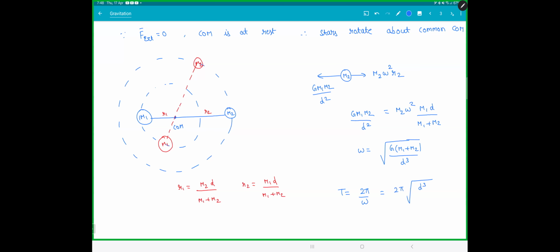You could have taken the other planet, you would have got the same answer, because both of them have the same omega. Is this clear, everyone? Any doubts on this?